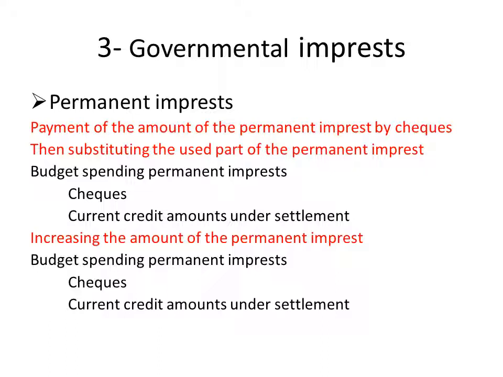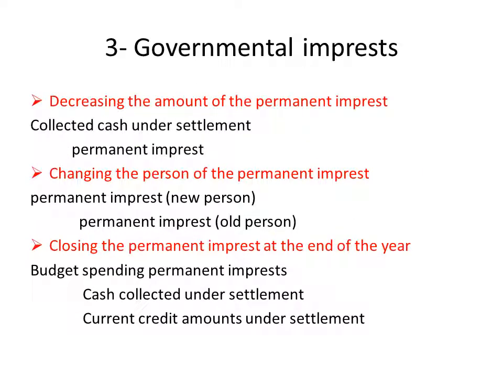Here the entry would be budget spending permanent interest, checks, current credit amount under settlement. And if we need to increase the amount of the permanent interest, the same entry would be budget spending permanent interest, checks, current credit amount under settlement.